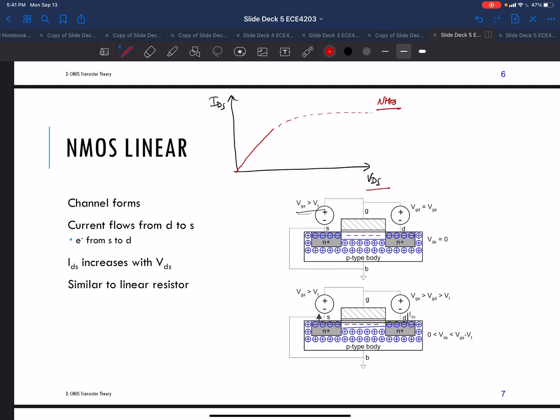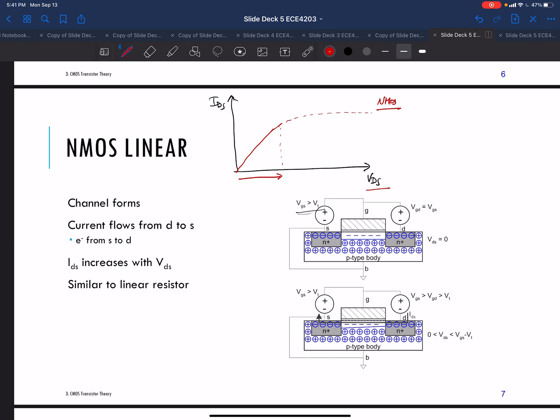VGS was a curve like this, but in this linear mode, as long as the channel is complete all the way across, as VDS goes from 0 to a higher potential, you have a channel that looks like a resistor.